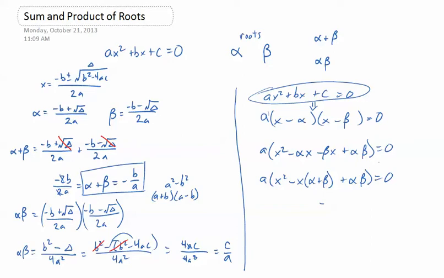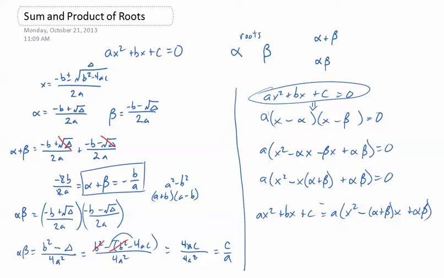Now from here, this should be equivalent to the original up there. So I'm going to say ax squared plus bx plus c equals a times x squared minus, and I'm going to rearrange this and put the alpha plus beta in the front, x plus alpha beta.